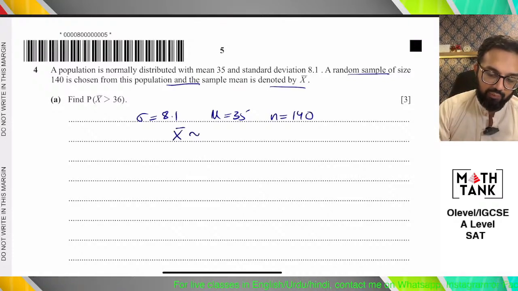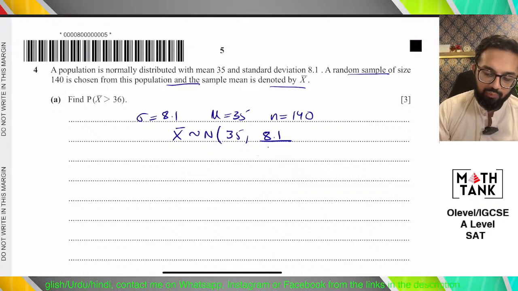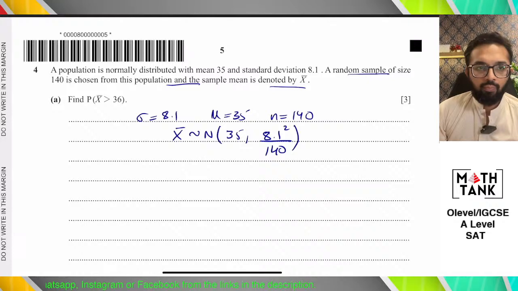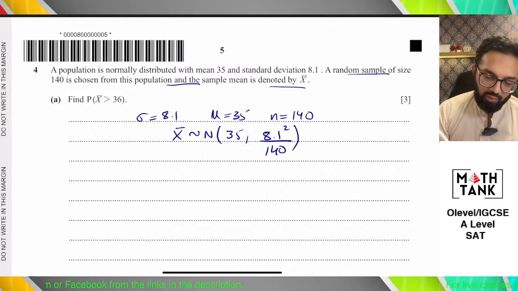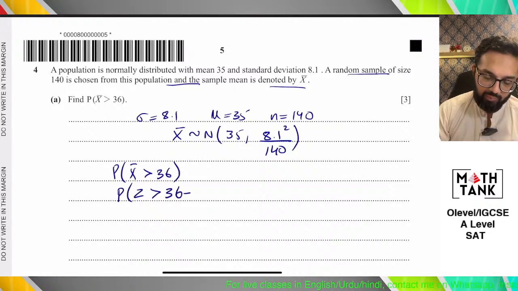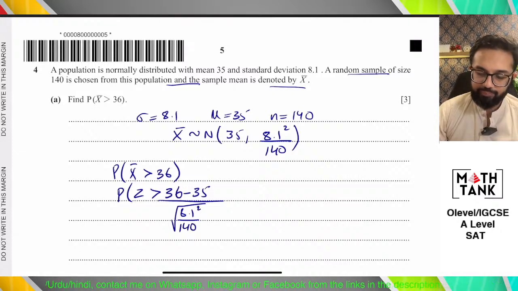So x bar follows a normal distribution with 35 comma 8.1 squared divided by 140. Probability of x bar greater than 36 is probability of z greater than 36 minus 35 divided by root of 8.1 squared over 140.